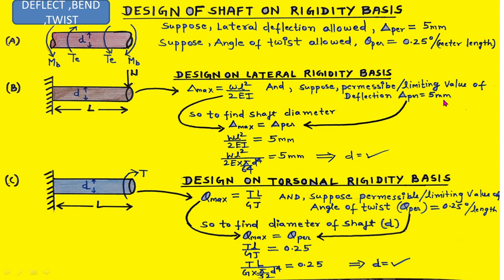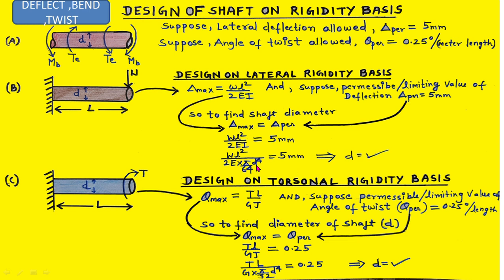is 5 mm. Now to find the diameter of the shaft, we have to equate the delta max, that is the maximum deflection because of this loading condition, to the permissible value of the deflection, as we have done here. When you equate WL squared by 2EI equal to 5 mm, the I here can be written as pi by 64 into d raised to power 4.